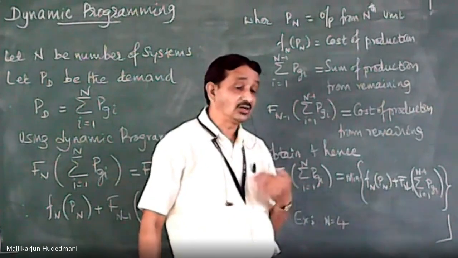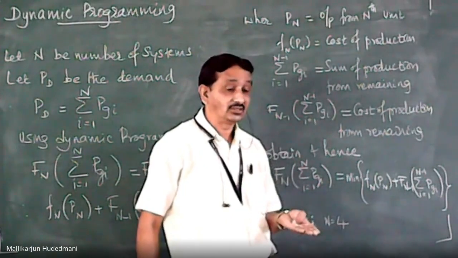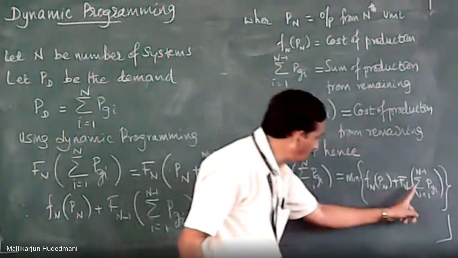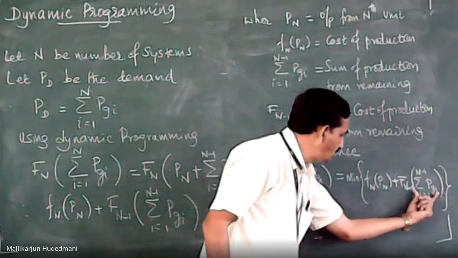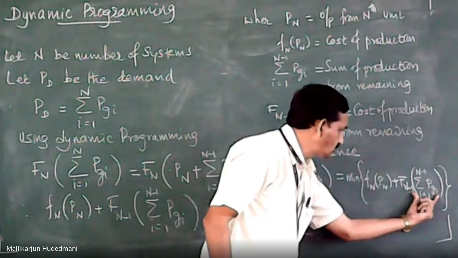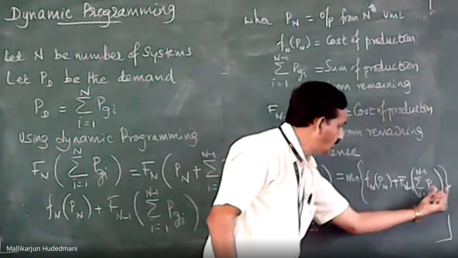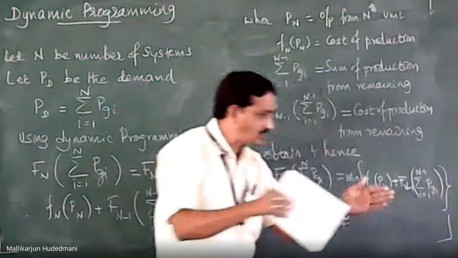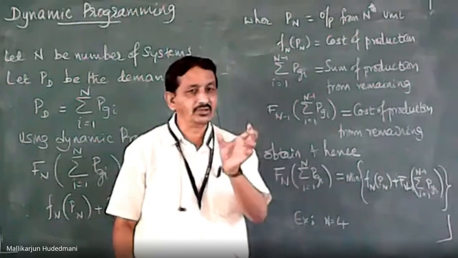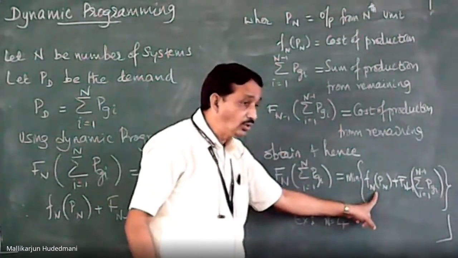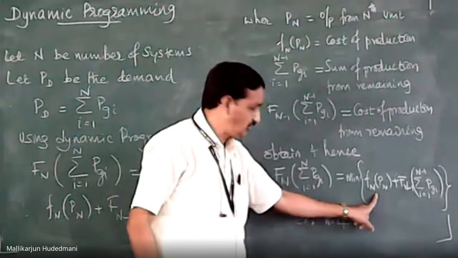How many decisions are left with you to be taken further? Remaining are 3. Of the 3 which are put in the summation, which is the combination of production of certain megawatt from remaining generators. Remaining. When I expand, I will be having combination of those things. So, 1 unit alone to meet, this is the only decision.